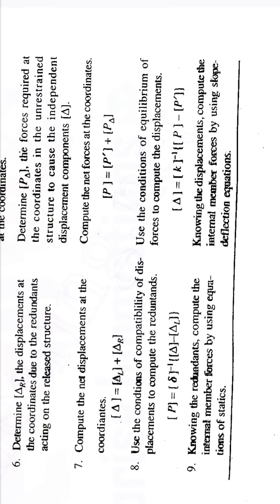Using the conditions of compatibility of displacements to compute the redundants, we form the matrix form: matrix P is equals to delta matrix inverse into capital delta minus delta L. Whereas in the stiffness matrix method of analysis, using the condition of equilibrium of forces to compute the displacements, the delta matrix is equals to K inverse into P minus P dash.